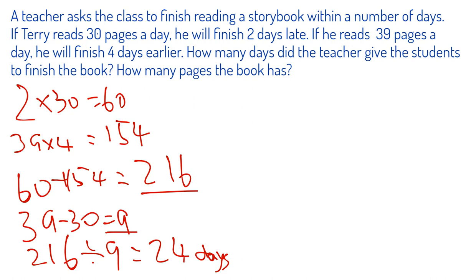Okay, so the first situation, 24 times 30 plus 60 equals 780. Wait, sorry. Okay, so the book has 780 pages. So let's write 780 pages.